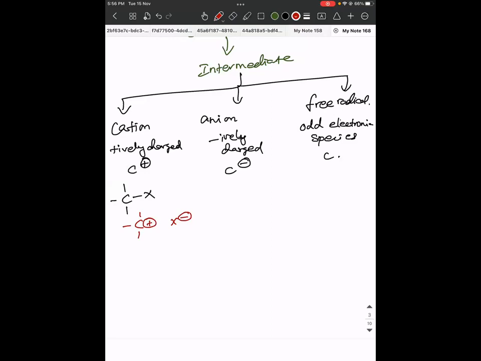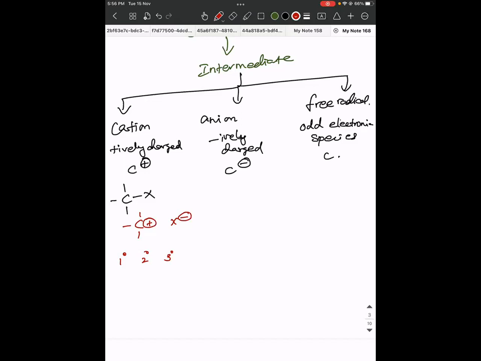Now the carbocation we are classifying into primary carbocation, secondary carbocation, and tertiary carbocation. On what basis are we saying primary, secondary, tertiary carbocation? When the carbon bearing the positive charge is attached with one carbon atom, it's a primary.